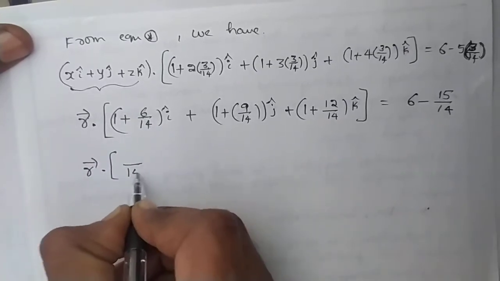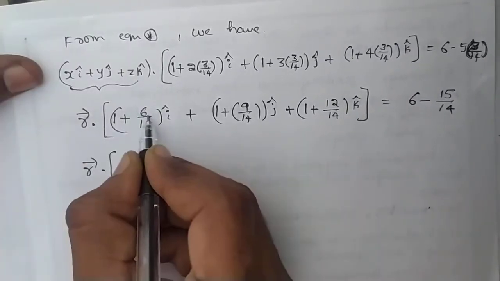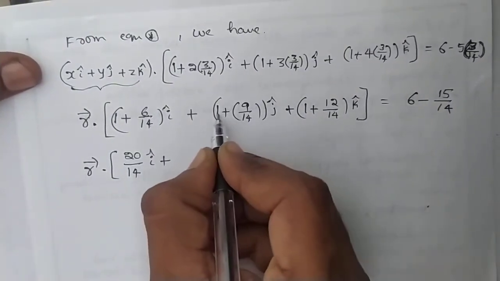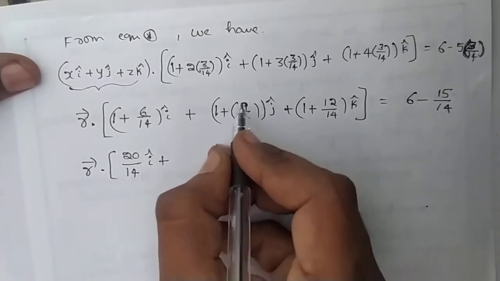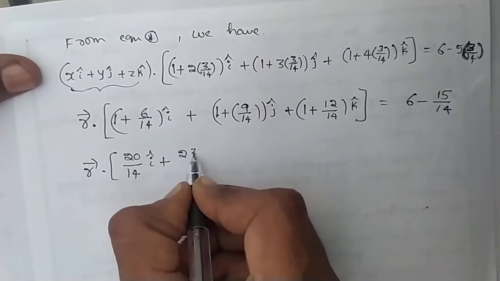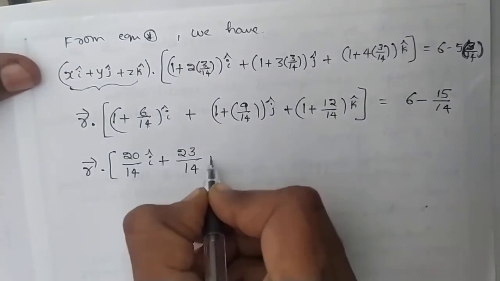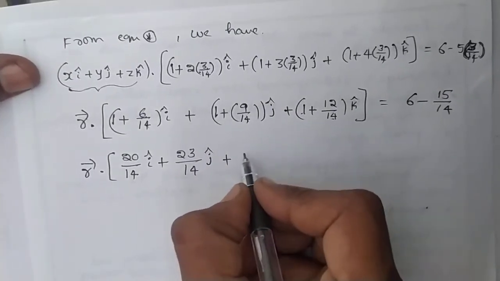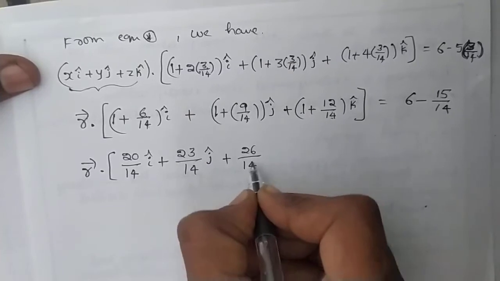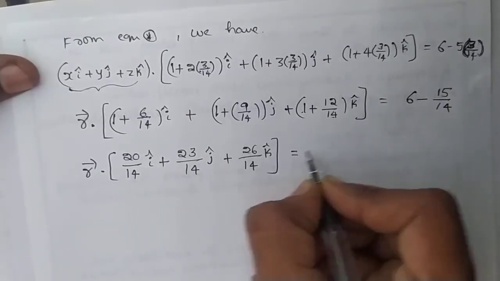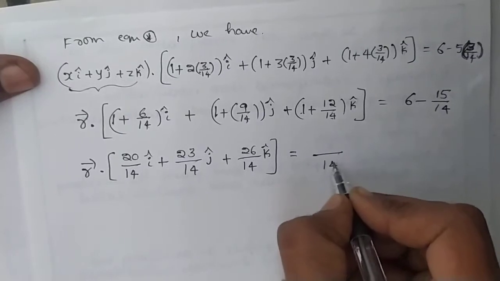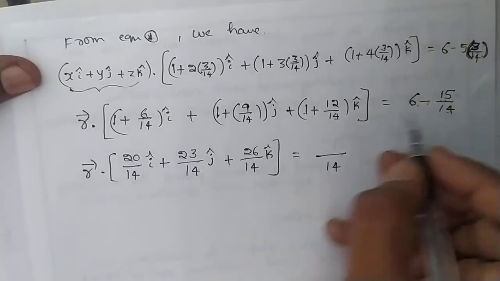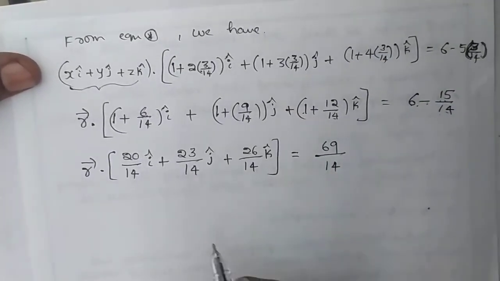Let us simplify further. For LCM 14: 14 into 1 is 14, 14 plus 6 is 20, so 20 by 14 i cap. 14 plus 9 is 23, so 23 by 14 j. 14 plus 12 is 26, so 26 by 14 k, equals, here LCM is 14, 14 into 6 minus 15, that value will be 69 divided by 14.